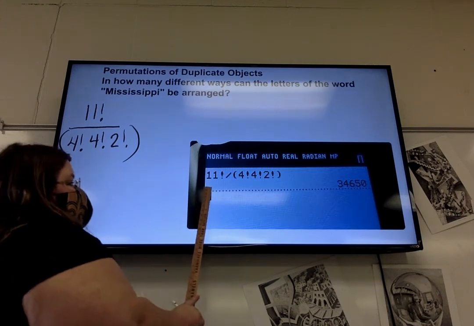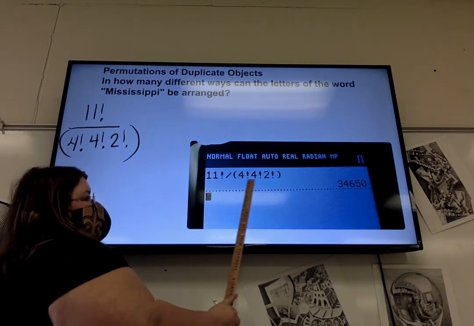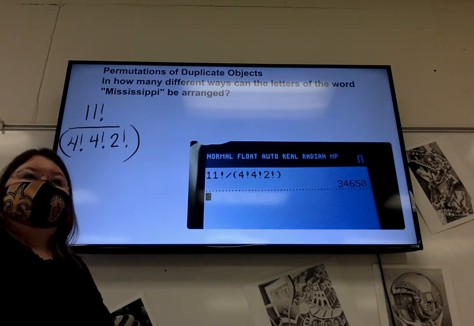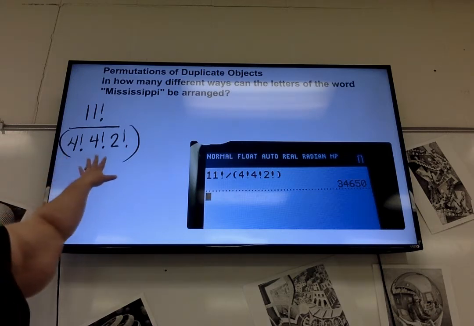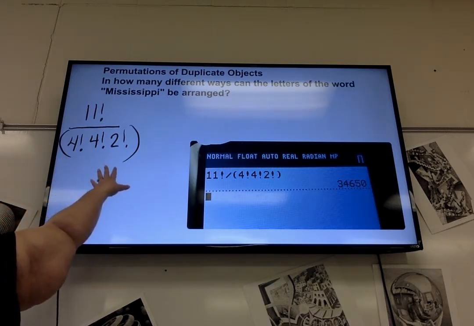So it should end up looking something like this when you type it in. And you can do that on the other ones as well. I just want to see at least this much work so I know what you typed into your calculator.